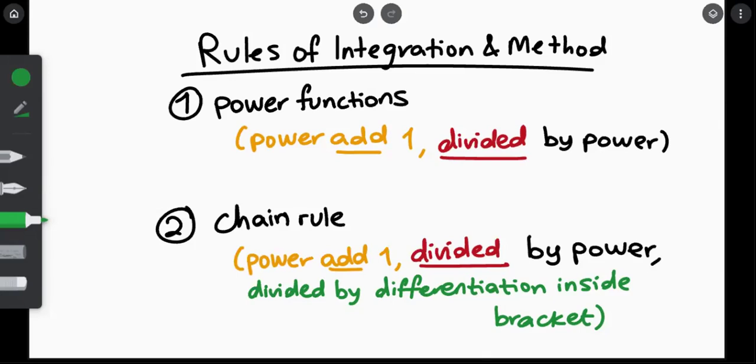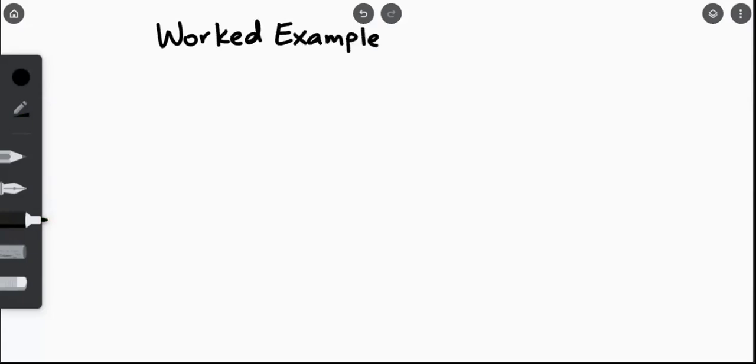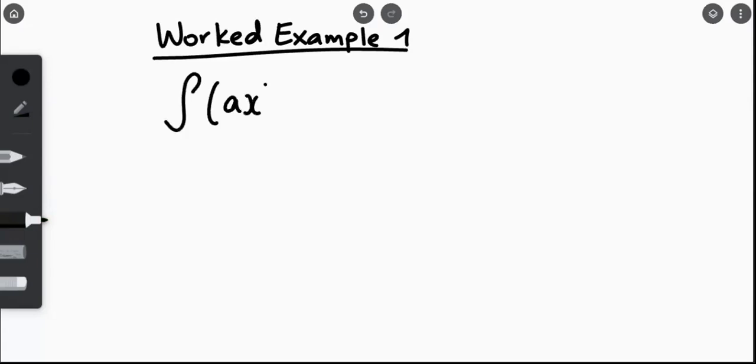Now we are going to go to some worked examples. You can copy this now, but I will guide you on how to do it. We are going to do a total of 10 sums including worked examples today. So the first one, if I were to give you a worked example that says, integrate ax to the power n of dx.